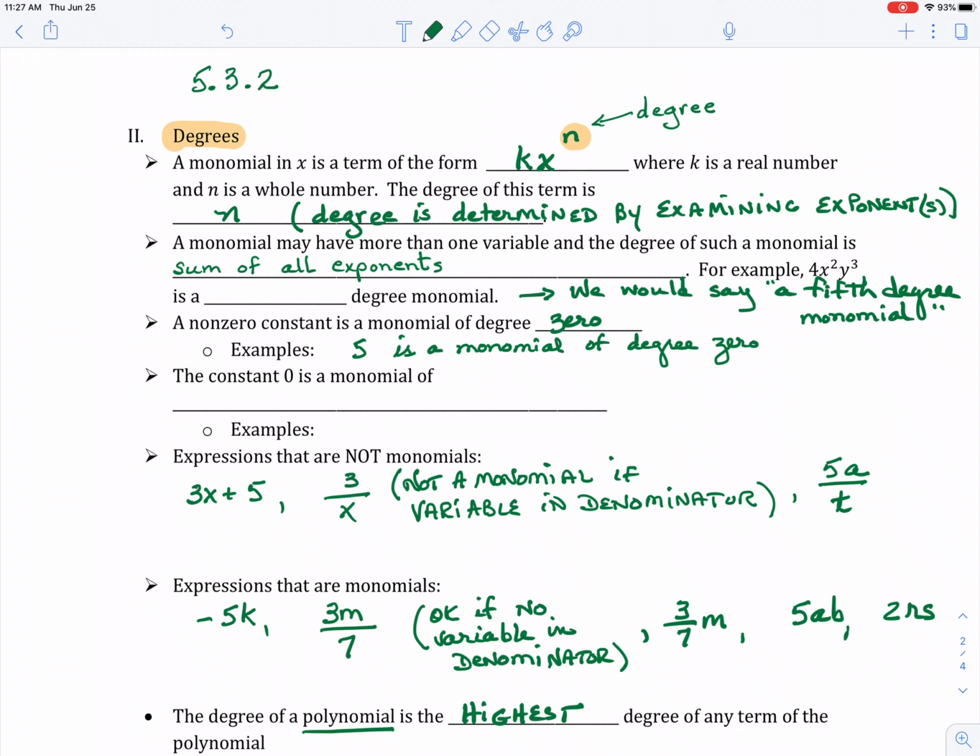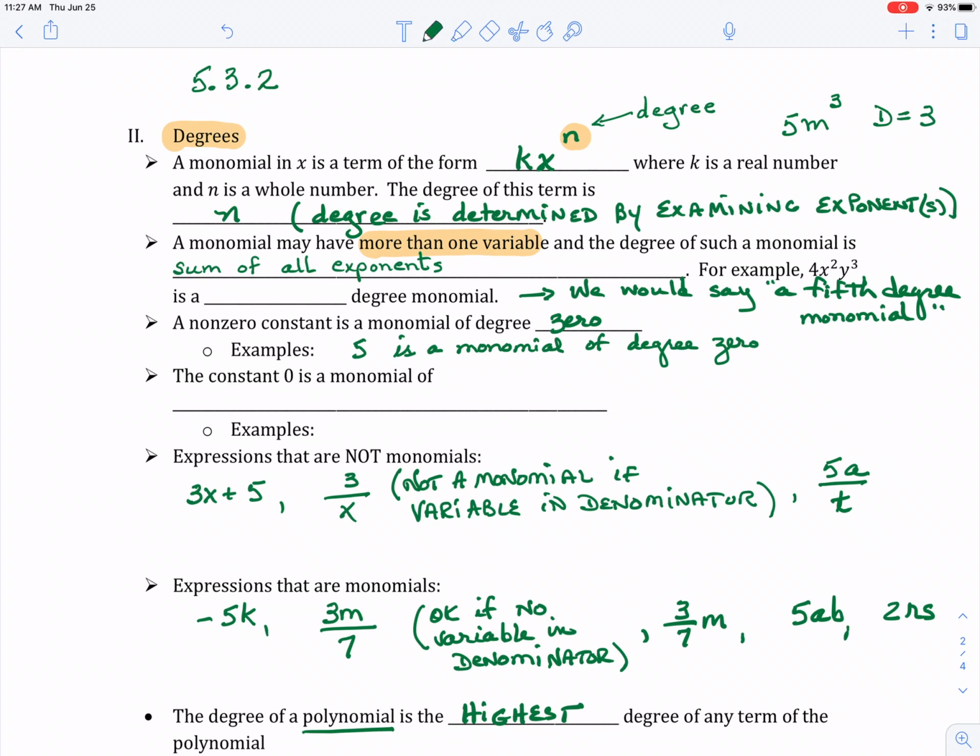So if we're looking at a monomial, let's do an example here. Let's say that this is 5m to the third, then this monomial has a degree of 3 because the exponent there is 3. But sometimes monomials have more than one variable. And so what we have to do there is we sum up or add up the powers or the exponents.